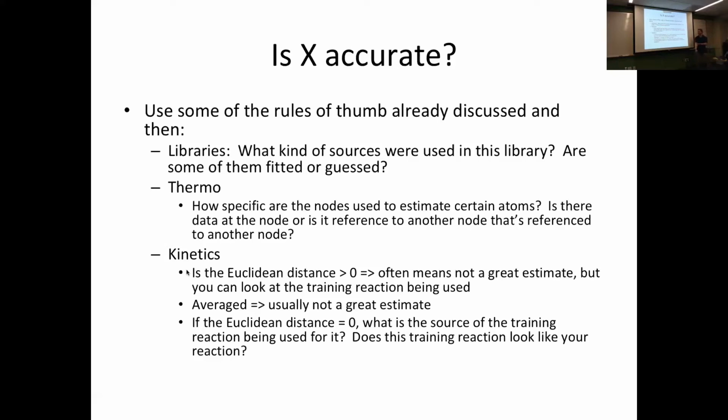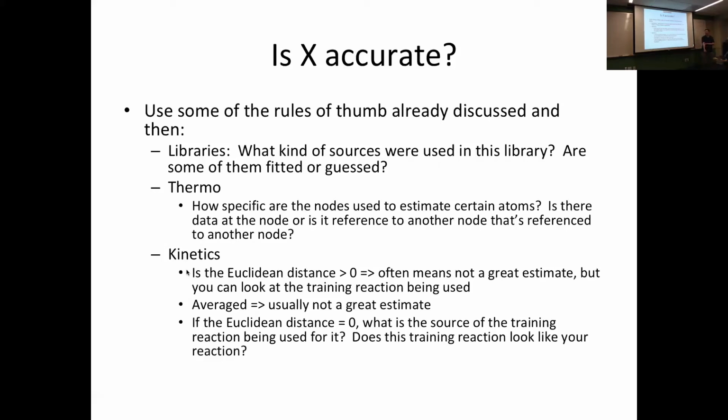And in some cases, it was done a really long time ago by some student who really needed to get something done fast. But anyway, you should go and check what the actual training reaction is, and also check how much the training reaction looks like your reaction.